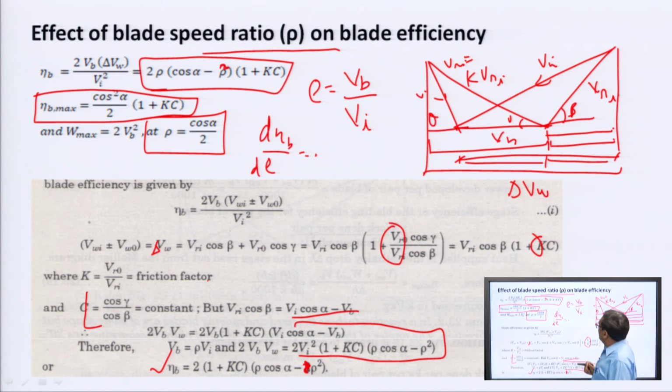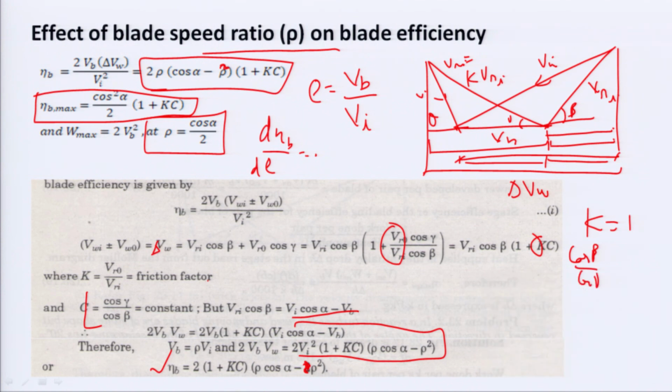Now, in the ideal case, suppose we take no frictional losses, that is k equal to 1, and if we take c, that is cos gamma upon cos beta, for a symmetrical blade. Symmetrical blade means the inlet and outlet angles are going to be the same.